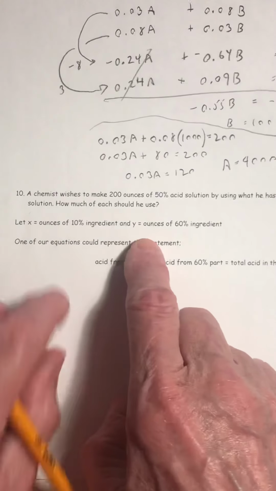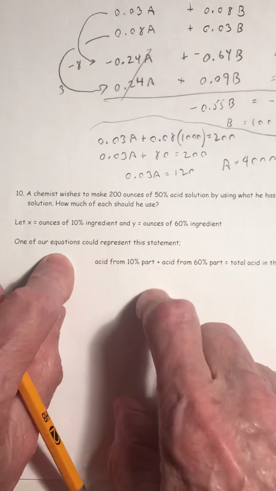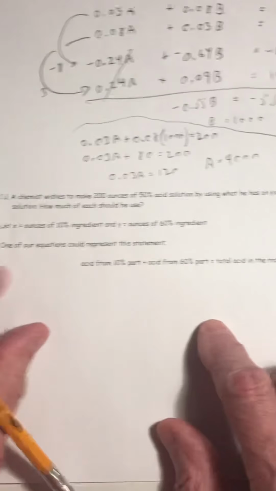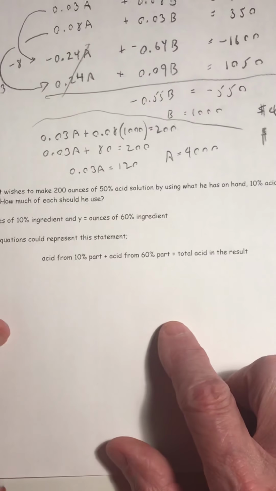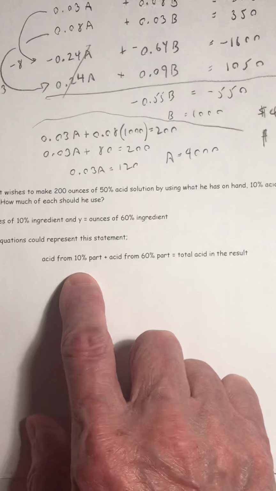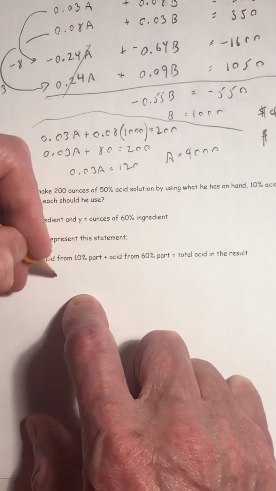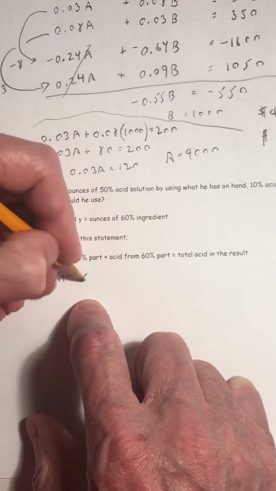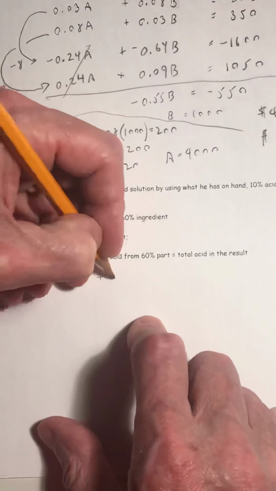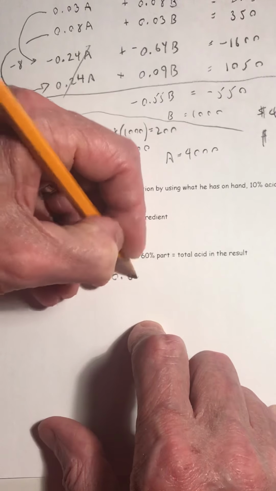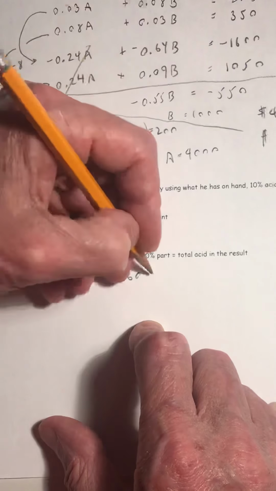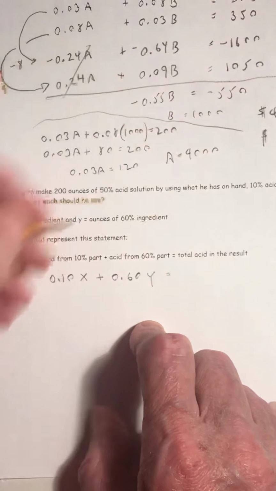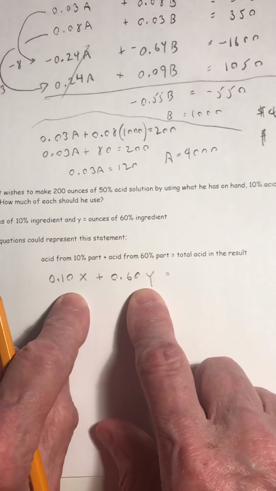If we use X and Y for the two ingredients, one equation based on the amount of acid, the acid from the 10% part will be 10% of the X ounces, and the acid from the 60% part will be 60% of the Y ounces, and that will be the total acid in the result.